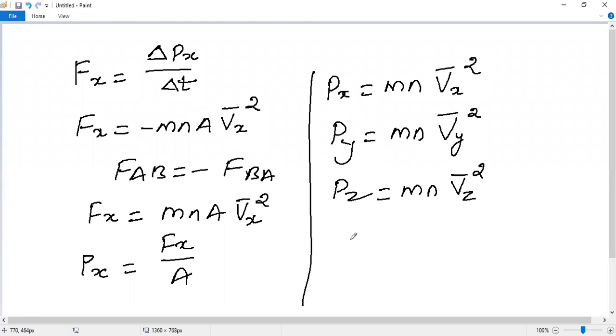Now the pressure is equal for all the components. So Px equals Py equals Pz.